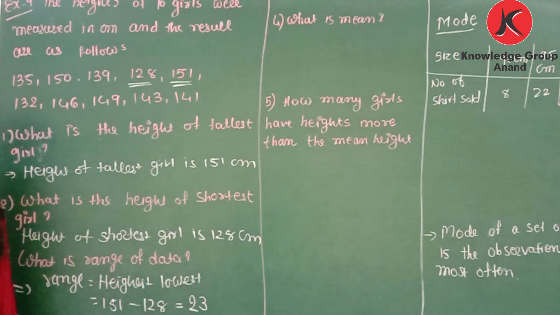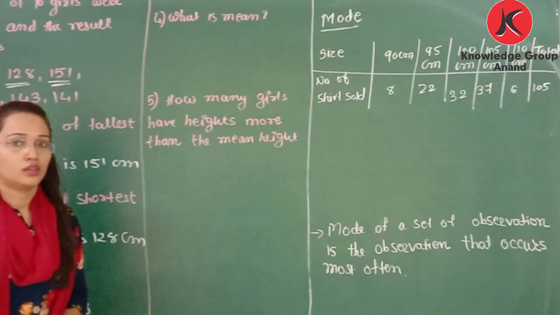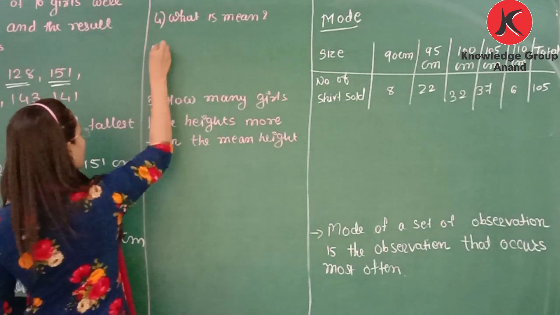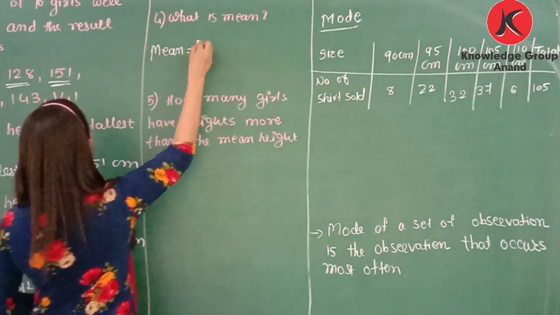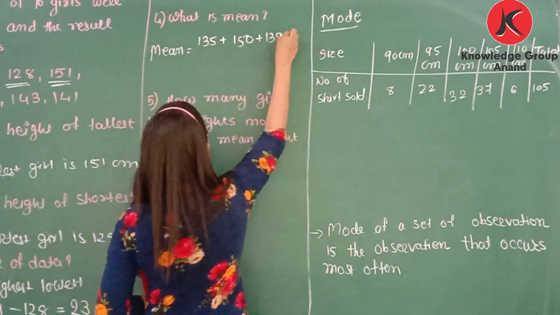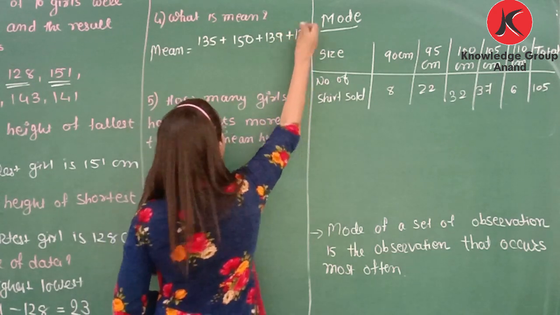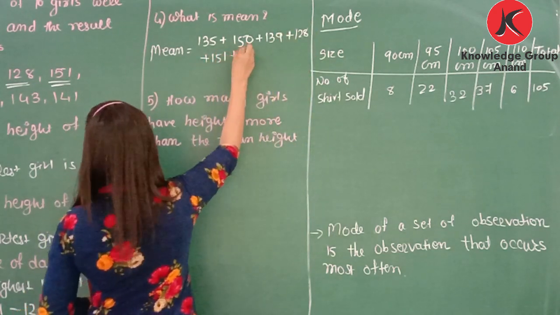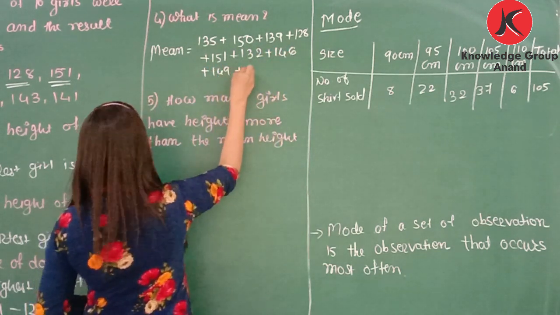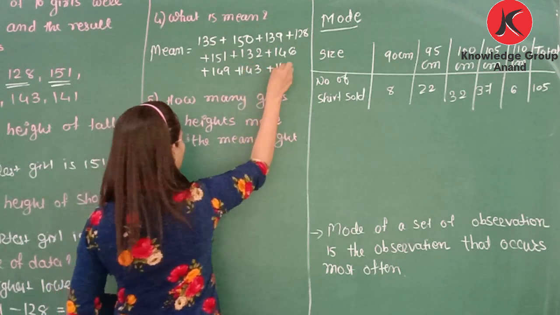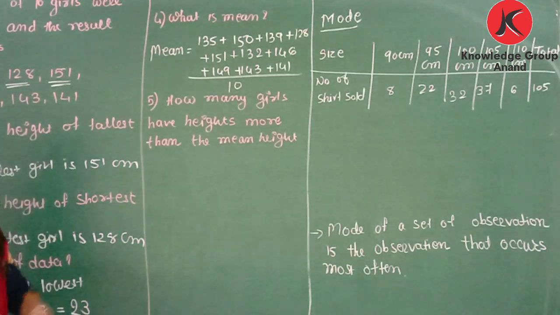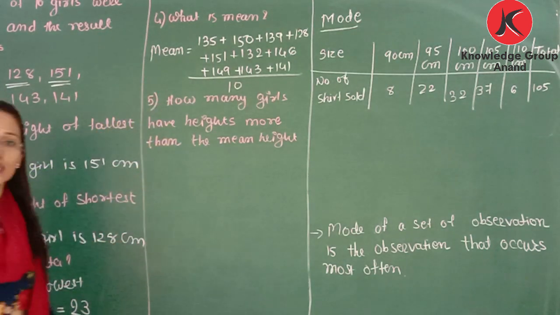That is 20. So range will be 20. Now mean. Mean means sum of observations divided by total observations. So mean is equal to add all numbers, divide by 10 because the total number of girls is 10.